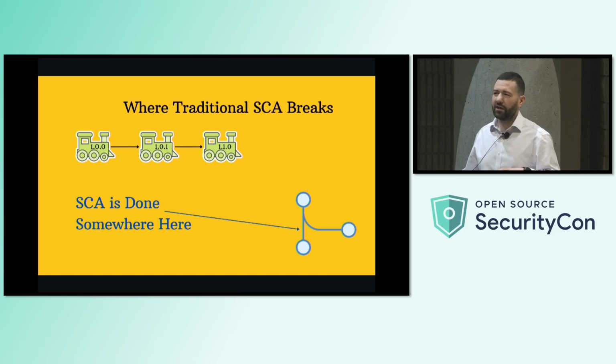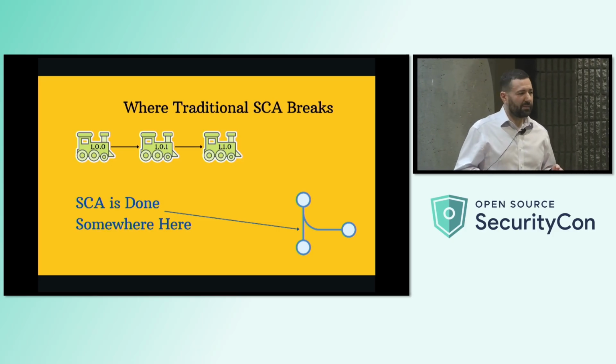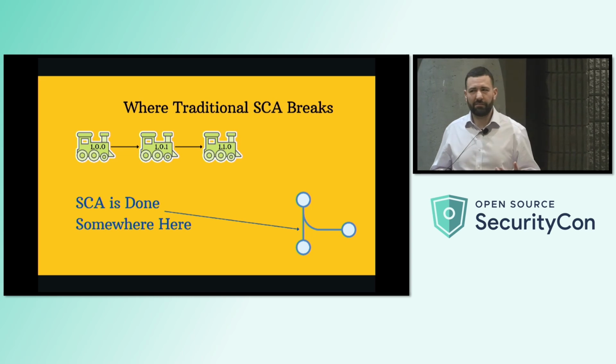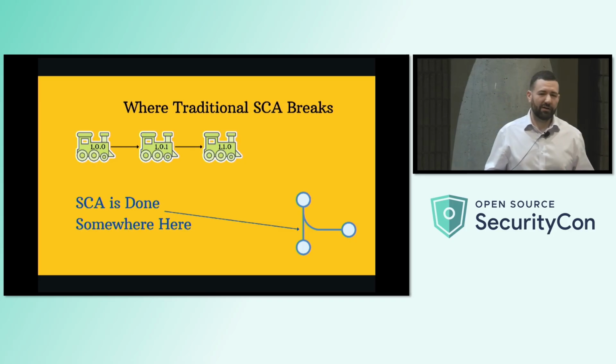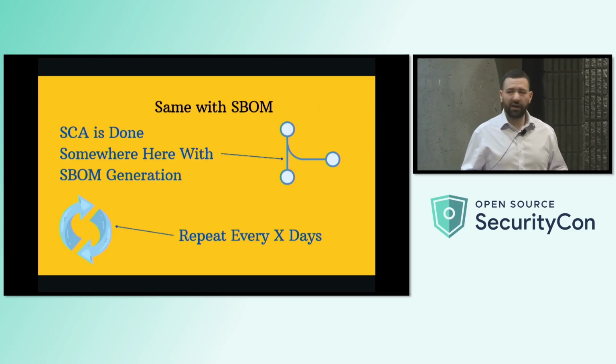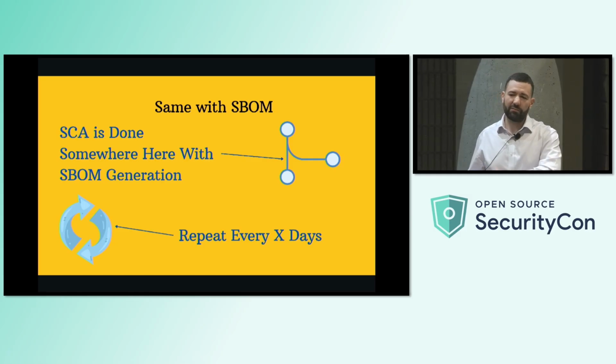And then a few things happened, like Log4Shell, and SBOMs became a really big thing. Compliance started to require SBOMs. So in a lot of cases, SCA pipelines did the same thing, but now with SBOM.